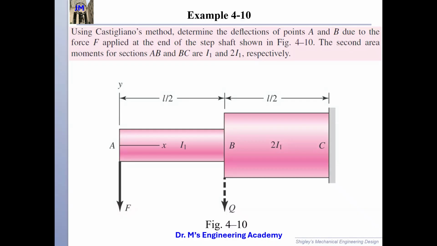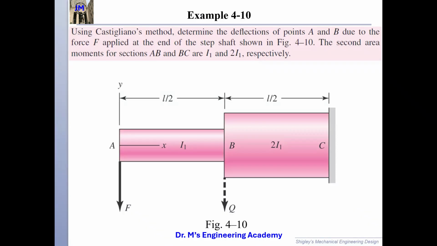So with the fictitious Q, if we draw the free body diagram again, here is my Q. This is my X point, which is larger than half L. Here is half L, and I'm interested here. This is my Mz(x).